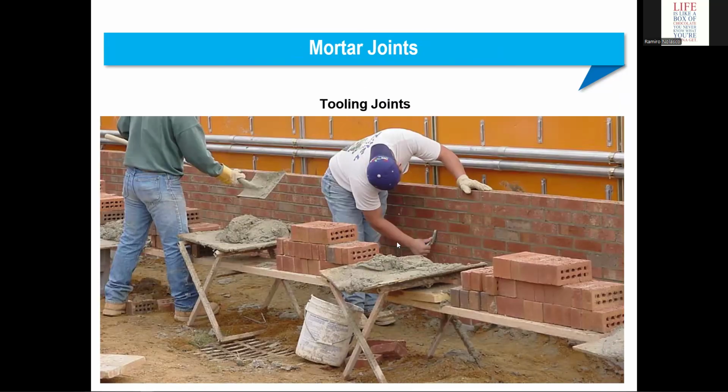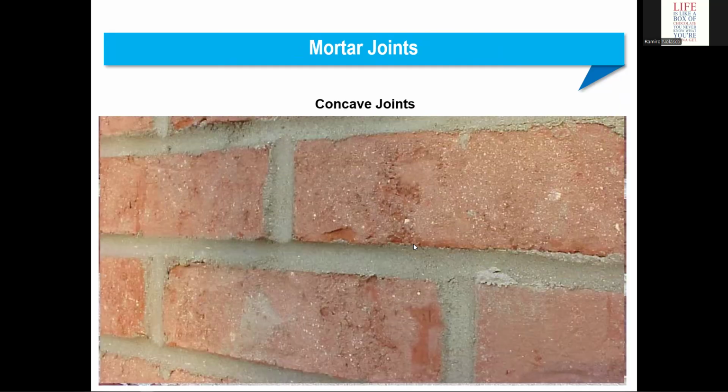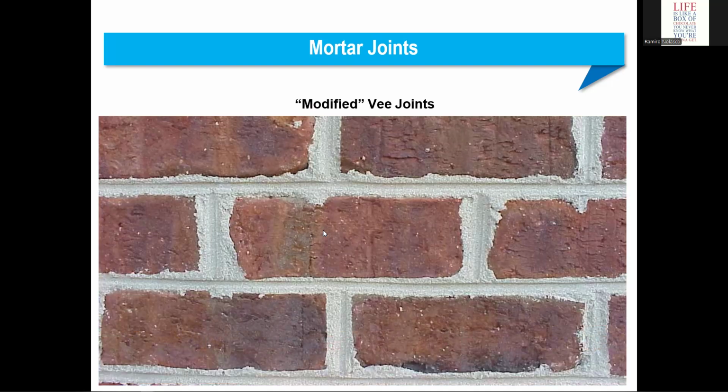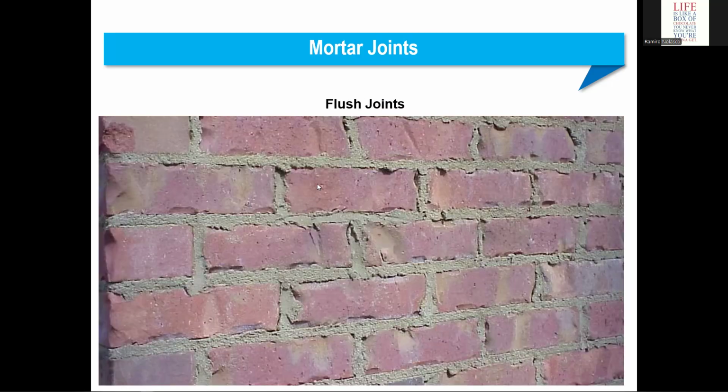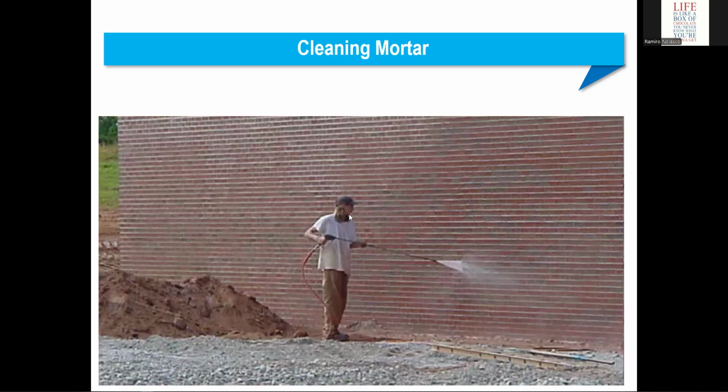Okay, so here is a picture of some masons applying and using the tool to create the mortar joint. So concave, closer look, V, raked, flush. Okay, so this is a cleaning to remove excess mortar.